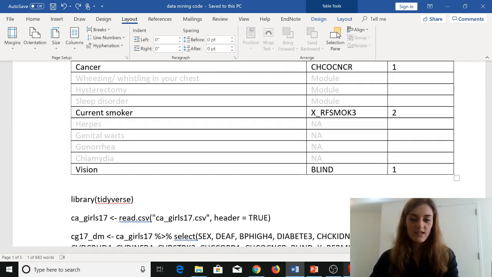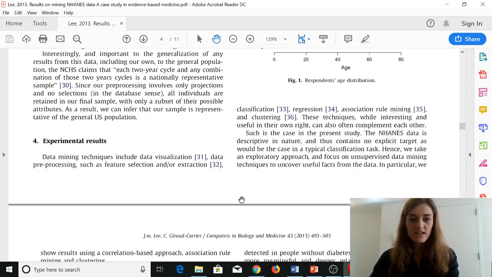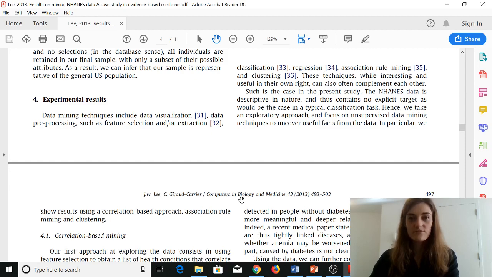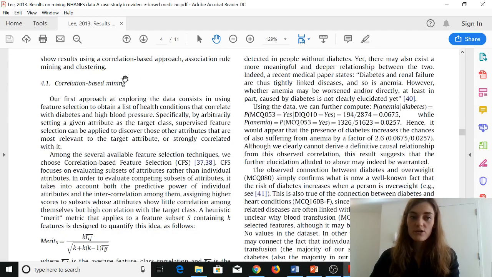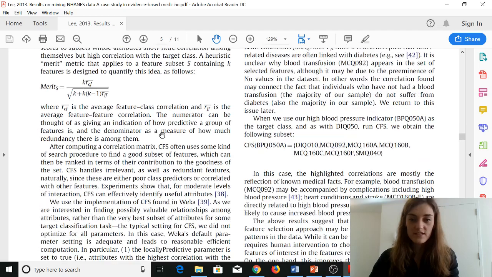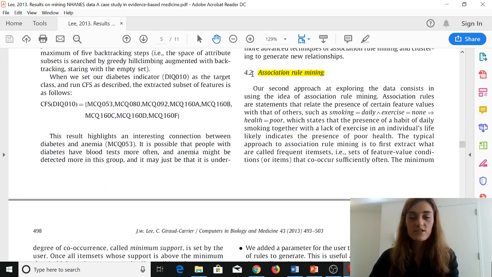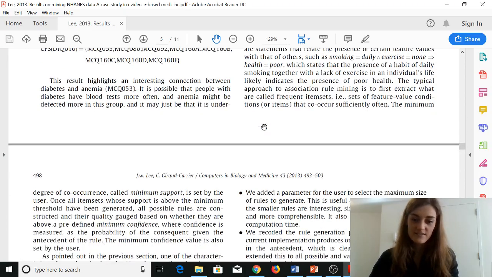Let's keep looking at the article. All right, next they describe the types of data mining techniques that they used. One of them was correlation-based mining, which we won't be doing, but that's the first one they did. The next one was association rule mining, which is what we'll be doing, which is also called market basket analysis.